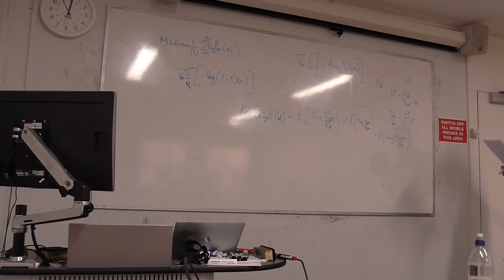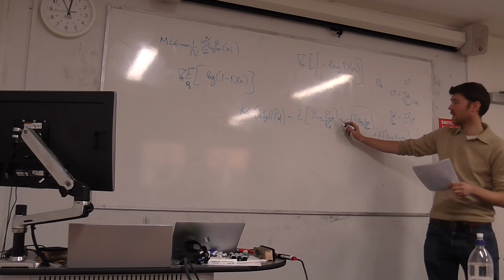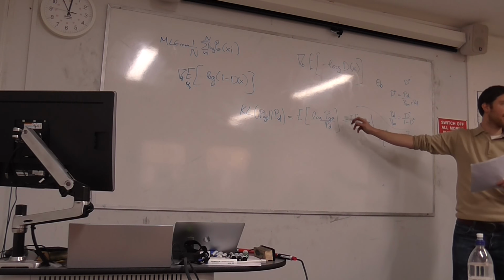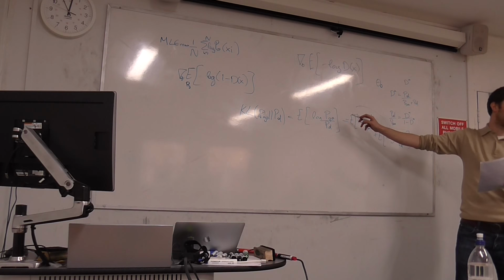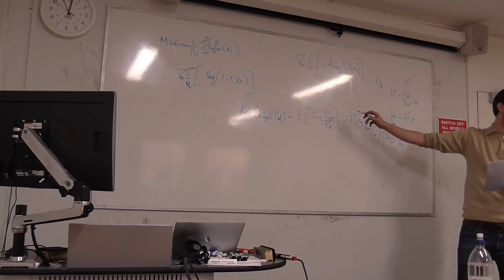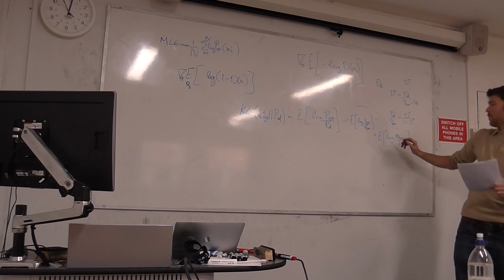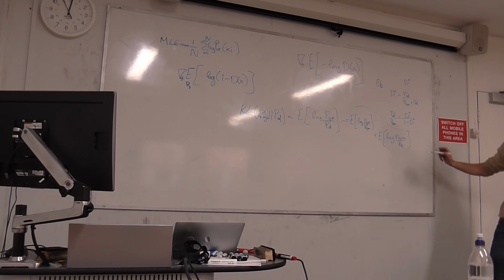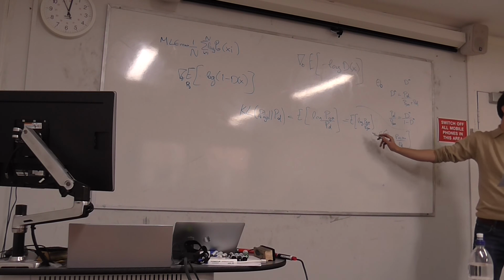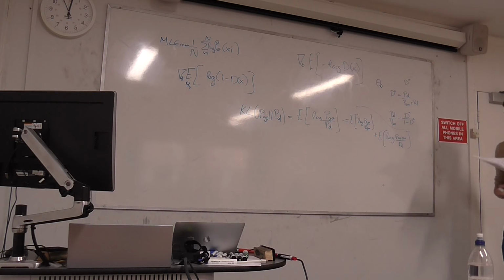Why does that collapse to 0? Because that's what you claim. No, all I claimed was that I can multiply and divide this by that number, PG theta 0, since it appears here and also here. Ah, I see. That's all I did there.